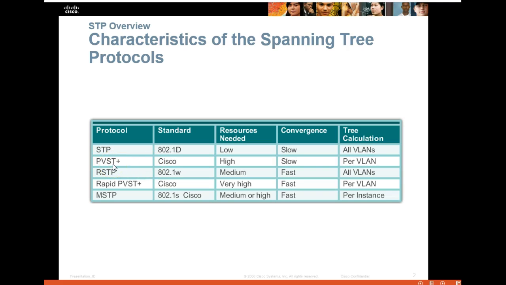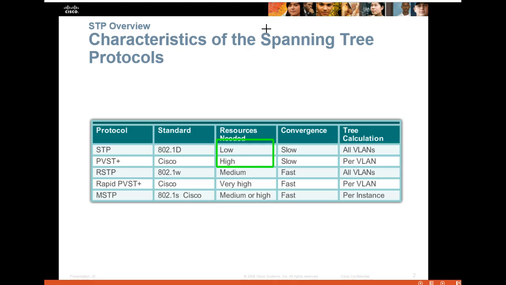And by per VLAN, it ran several instances of spanning tree at one time. Thus, you'll note that when it came to processes here, it goes from low to high process for a spanning tree versus per VLAN spanning tree. The more VLANs you had, every time you ran it, you had to multiply the amount of processing that it took.